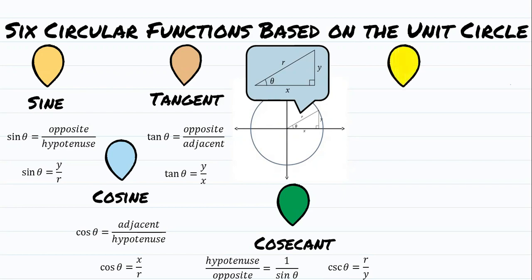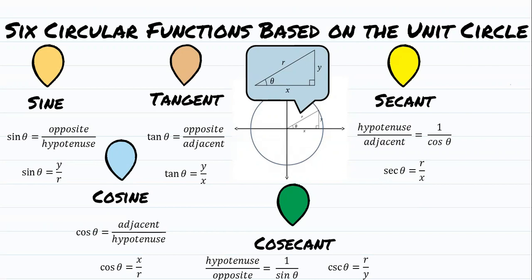Fifth circular function is the so-called secant. Secant is equal to hypotenuse over adjacent, or 1 over cosine theta. Our hypotenuse once again is r and our adjacent is x. Therefore, secant theta is equal to r over x.